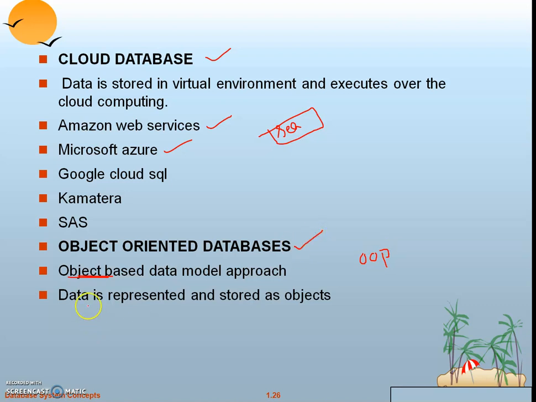The data is represented in the form of objects. In object-oriented programming, everything is an object, and many objects are quite complex and have different properties and methods to retrieve the data.